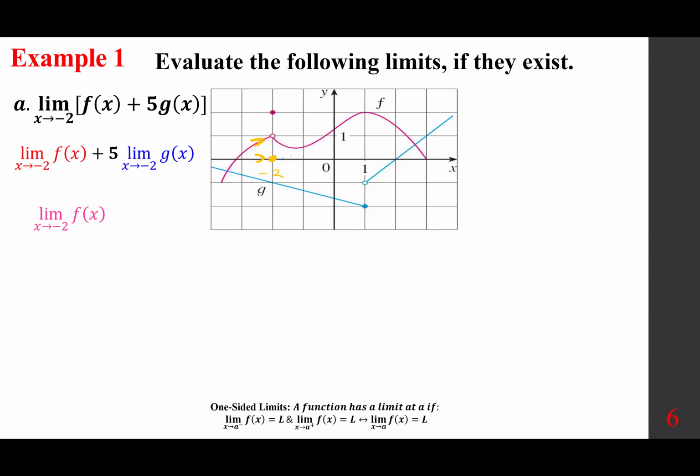If we are approaching it from the right of negative 2, we are moving this way. In both cases, we are moving towards this hole. We never get there, but that's the concept of a limit, giving rise to the answer 1.